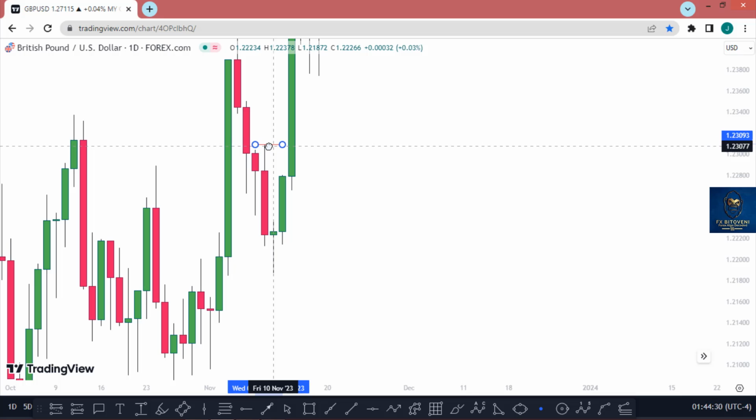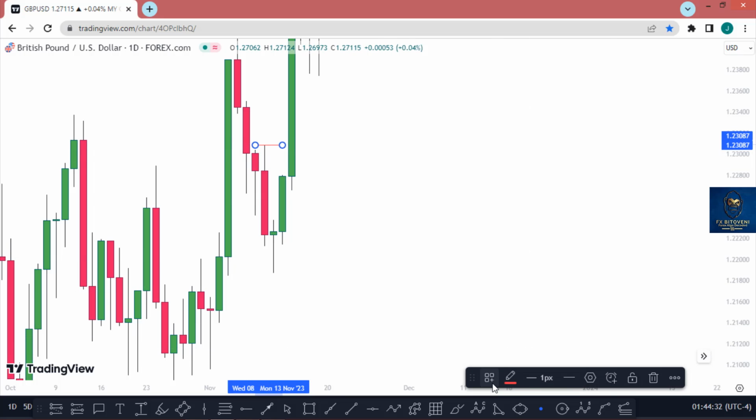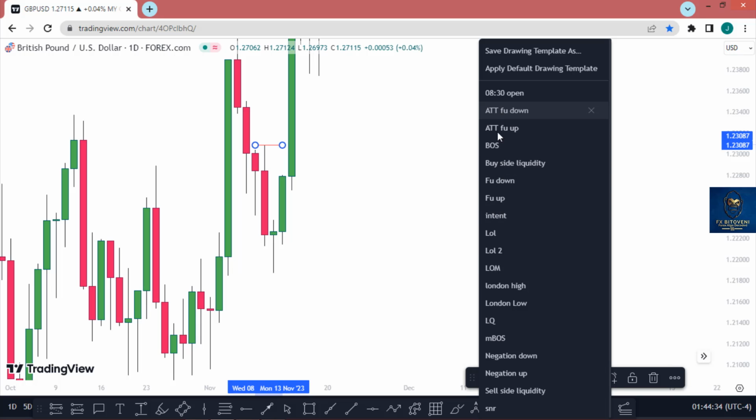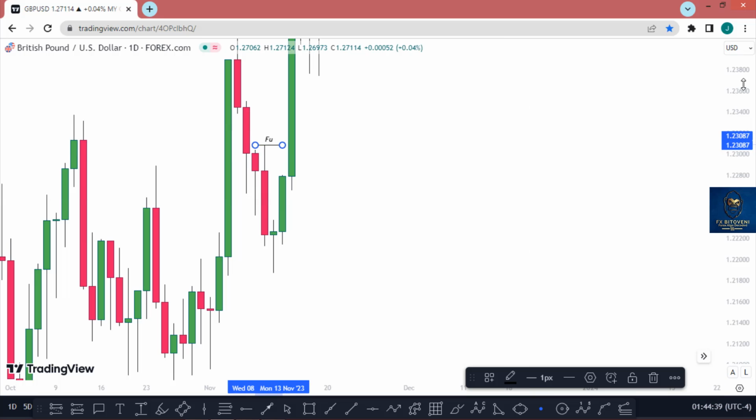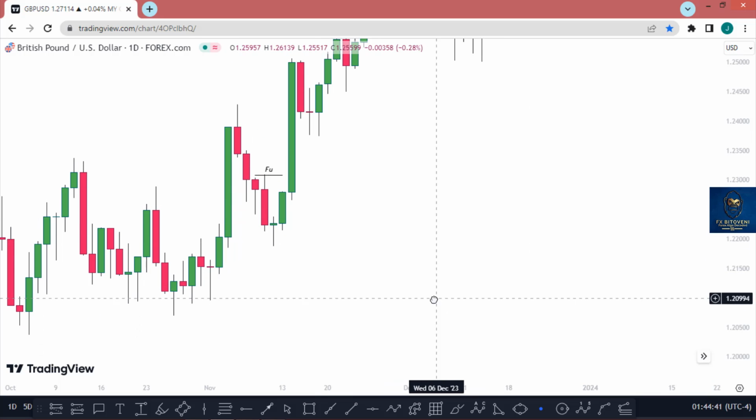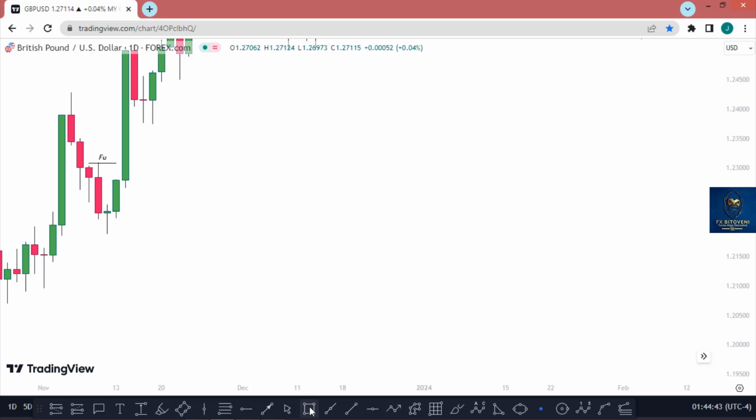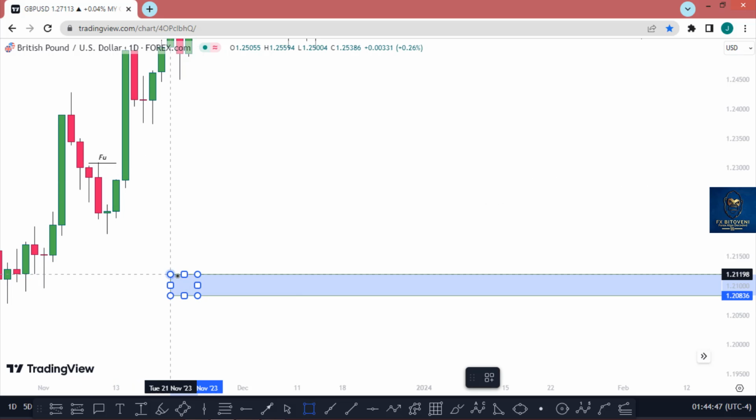But you can see, when we say track institutions, you have to understand what we mean when it comes to marking true zones.